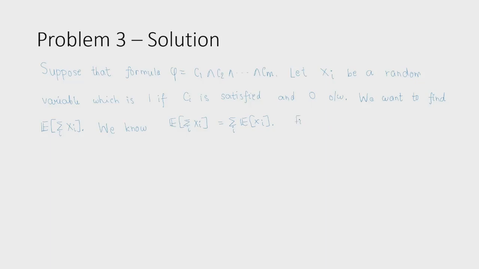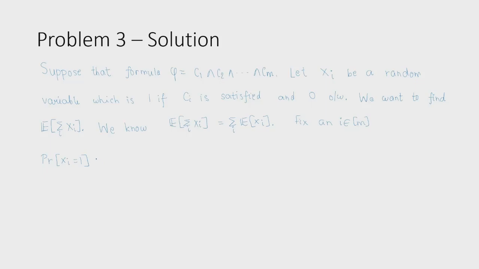So fix i. What is the probability that xi is equal to 1? xi can only be 0 or 1, so let's find the probability that xi is 1. xi is 1 when the clause Ci is satisfied.